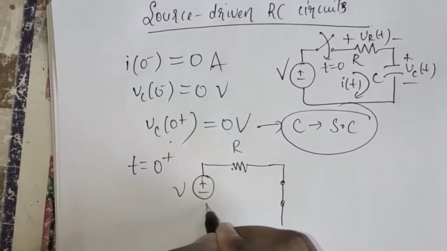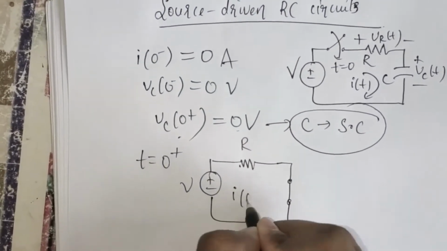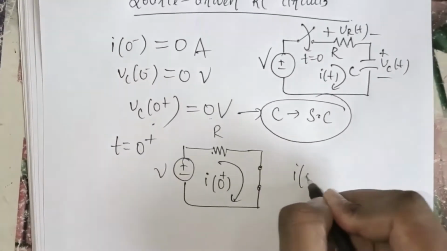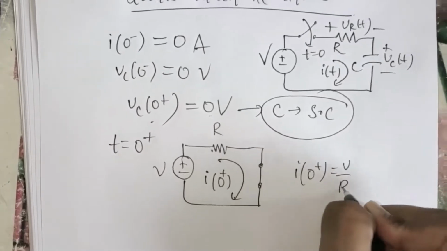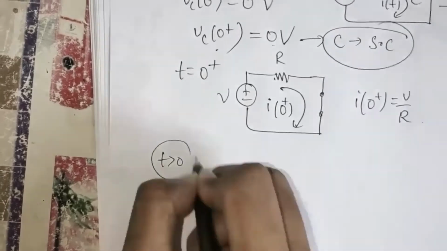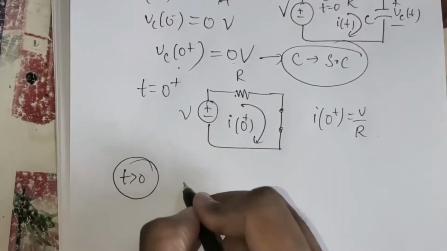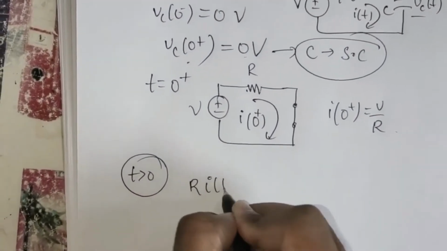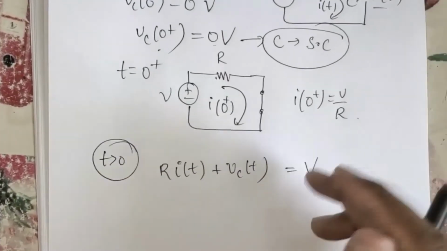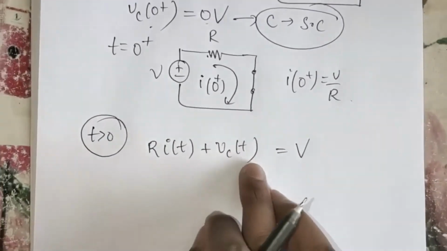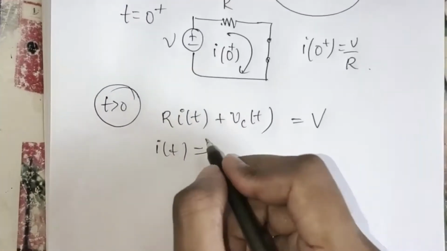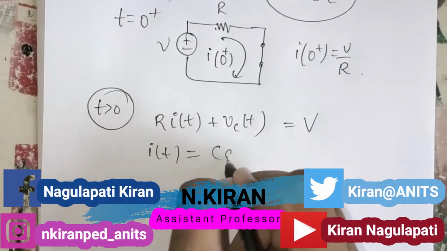Then the current flowing at that instant, that is I of 0 plus, will be V by R. For t greater than 0, if I apply KVL, R into I of t plus Vc of t is equal to V. First we will derive the expression for Vc of t. But I of t, as we know, is C into dV by dt.